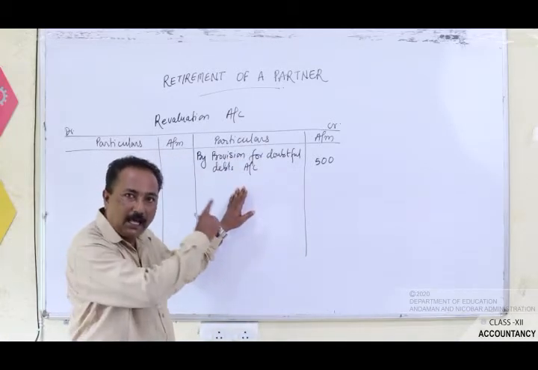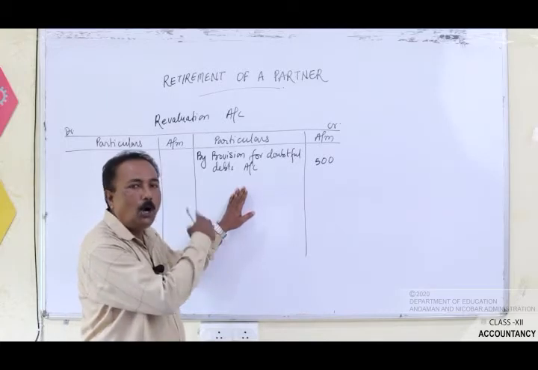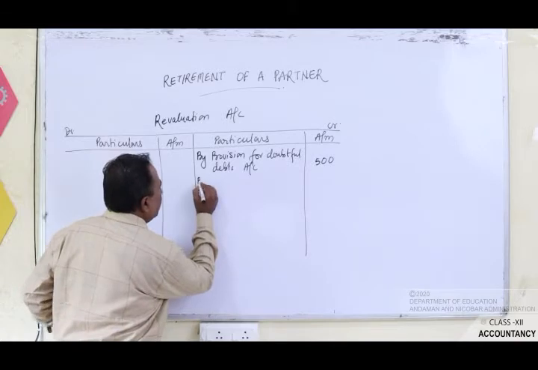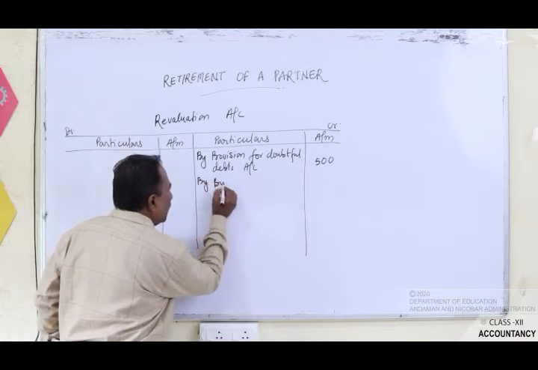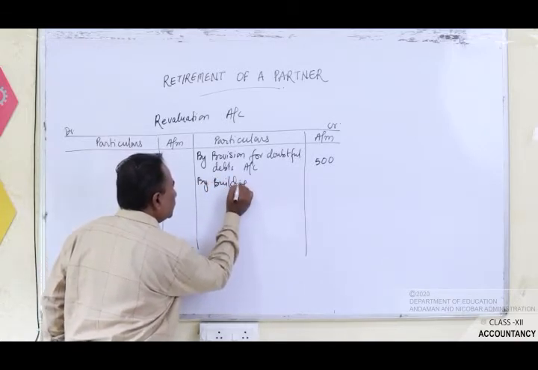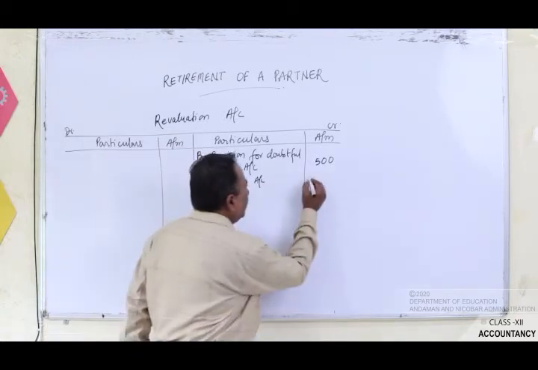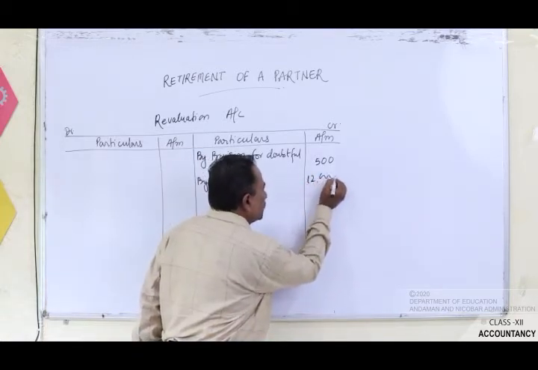So building has also to be recorded on the credit side of the revaluation account. Here you have to write down as by building account, and the amount will be rupees 12,000.